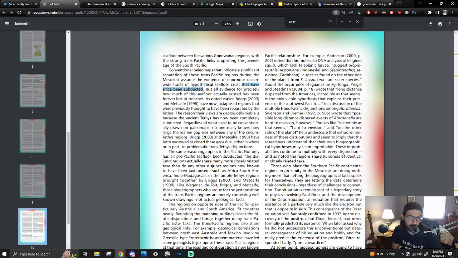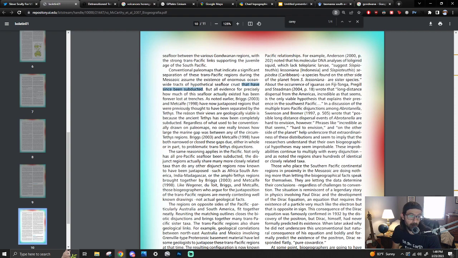This is how plate tectonics works. Well, it must have been there, because we would be wrong otherwise. But all evidence for precisely how much of the seafloor actually existed has been forever lost at trenches. As noted earlier, Briggs and Metcalfe have now juxtaposed regions that were previously thought to have been separated by the Tethys.